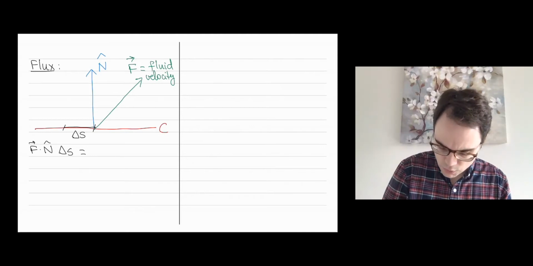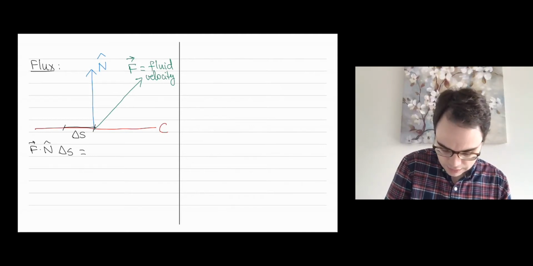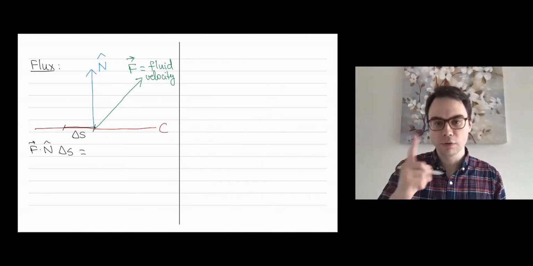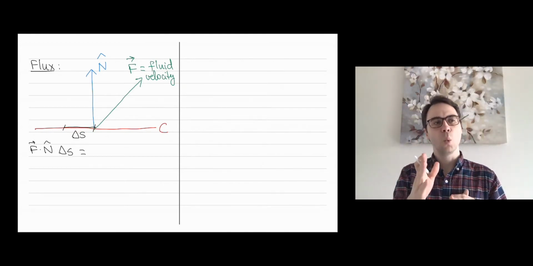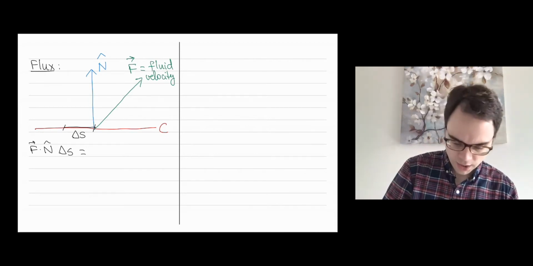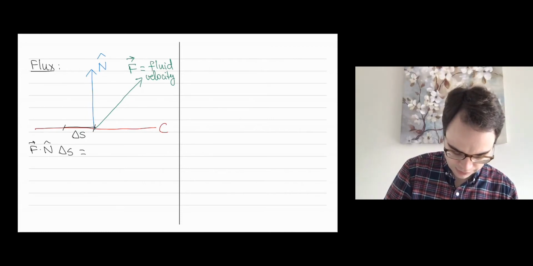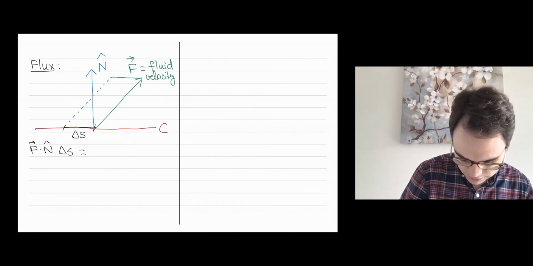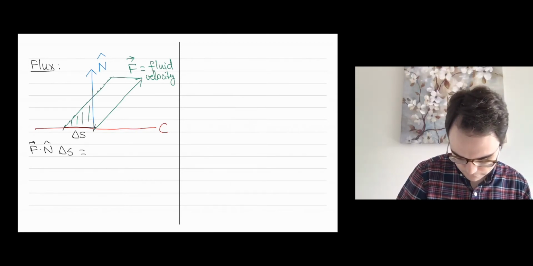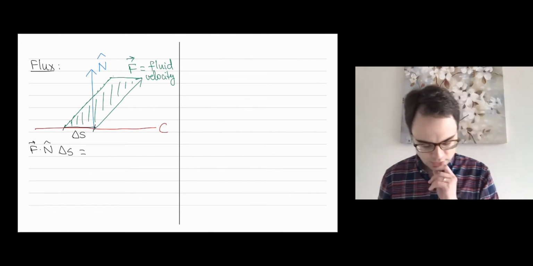Let's see. So let's look at the fluid that is on this little region and wait 1 unit of time. Right? If I multiply velocity by 1 unit of time, I just get the distance that the object moves in that unit of time. So here, if I wait 1 unit of time, I'm going to get a little tower of fluid. Right?